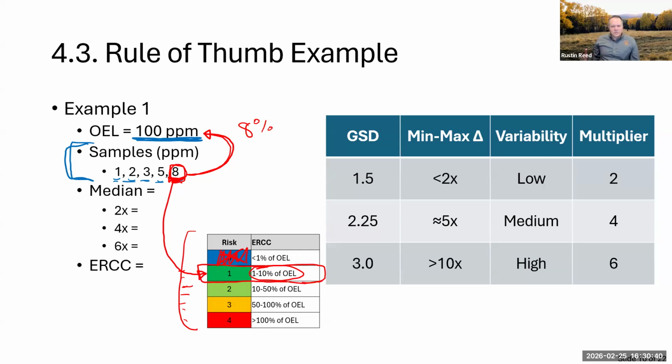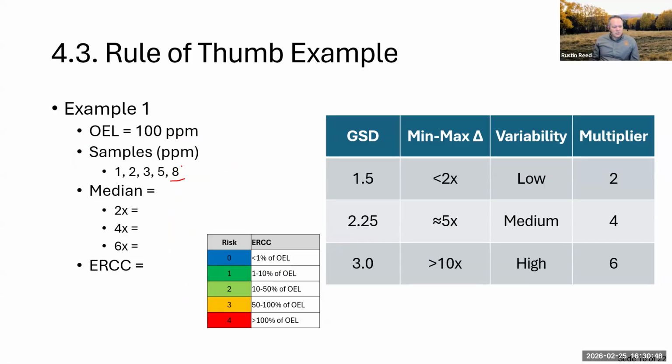So 0 is not an option. 1 could be an option or maybe something else, but 0 is not an option. So we looked at our max, compared it, and that was 8%. That tells us the floor here, and I think maybe we should rearrange the table so that 4 is on top, 0 is on bottom. I talked about going up and down, and that might be a little confusing here.